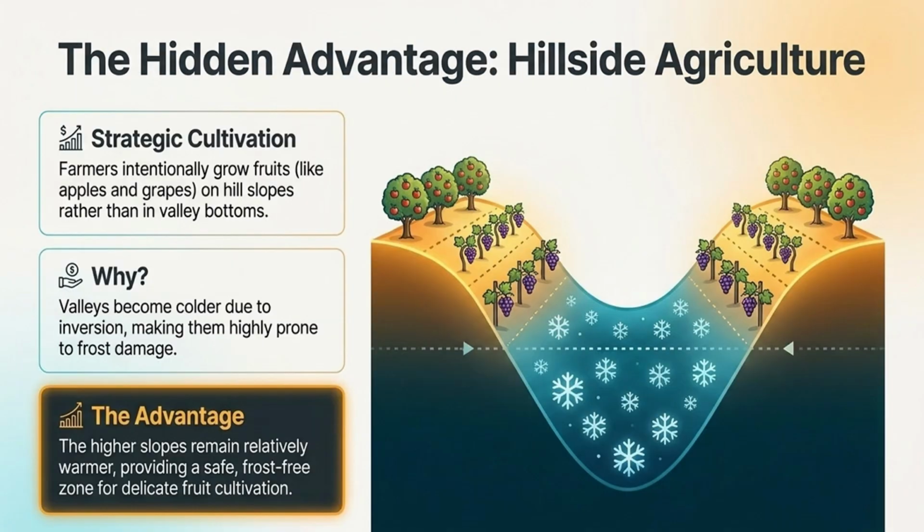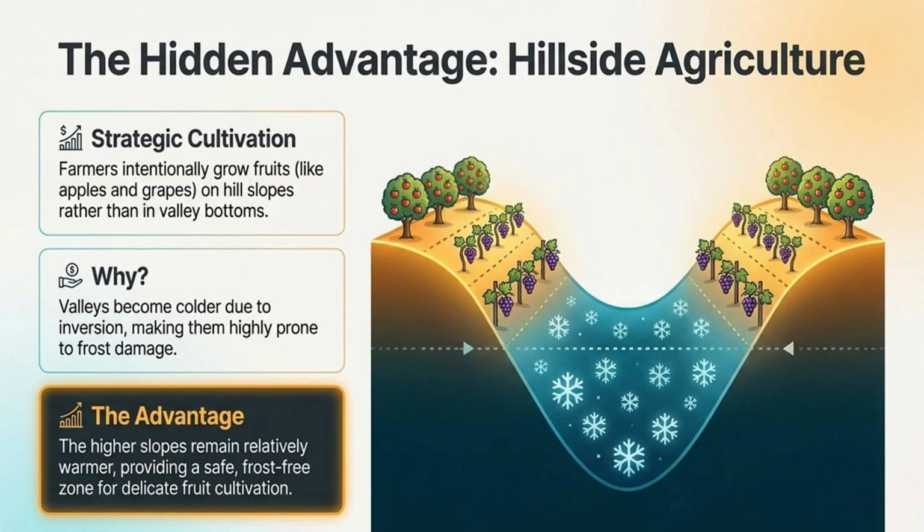Temperature inversion is not always harmful. In hilly regions, it can actually benefit agriculture. Farmers grow fruits such as apples, grapes, peaches and cherries on hill slopes instead of valley bottoms. This is done intentionally to reduce frost damage. For example, imagine a valley shaped like a bowl.